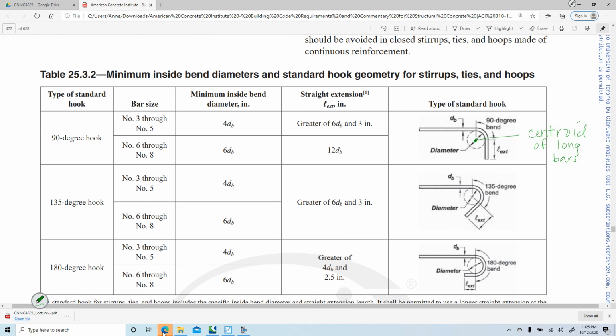So we want to know what the radius is of that. So it's just half the diameter.